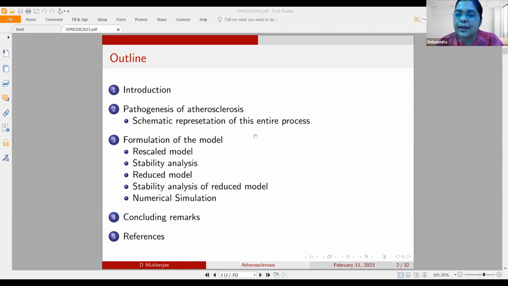Here I will explain how to do modeling for a disease, and then we will see a few numerical simulation results and how to connect these results with their respective biological significance. Then I'll conclude my talk.